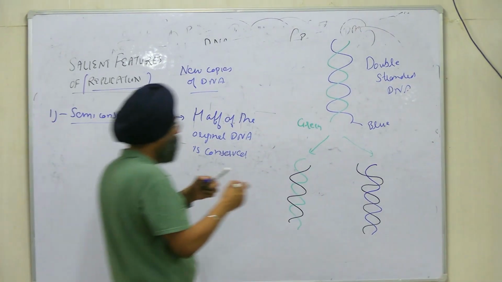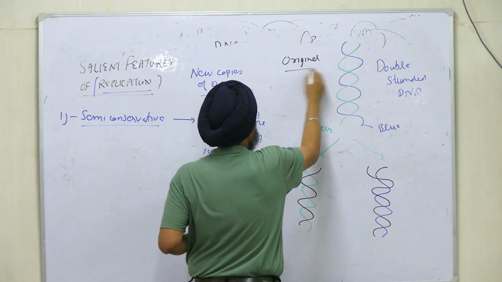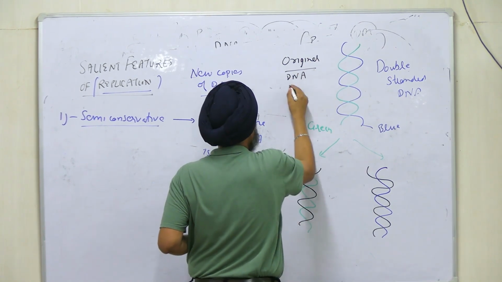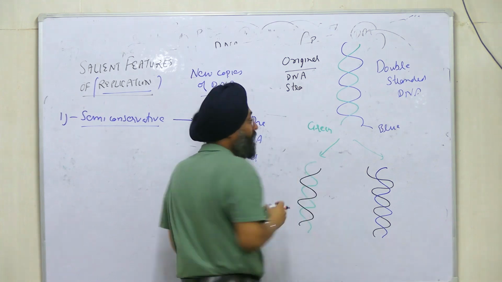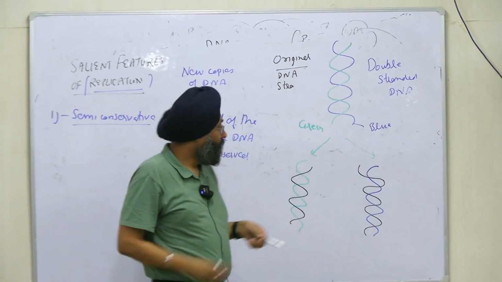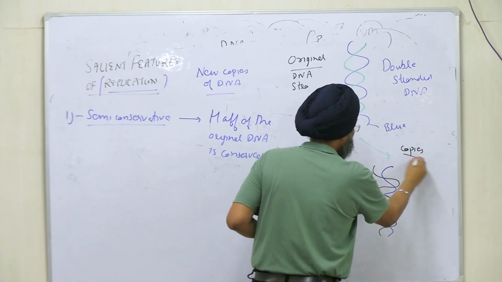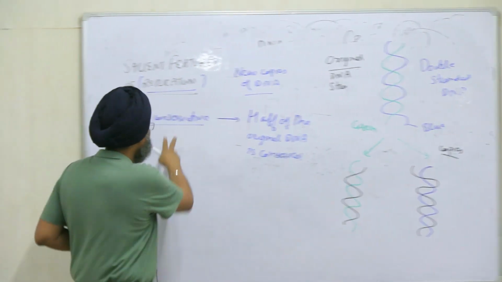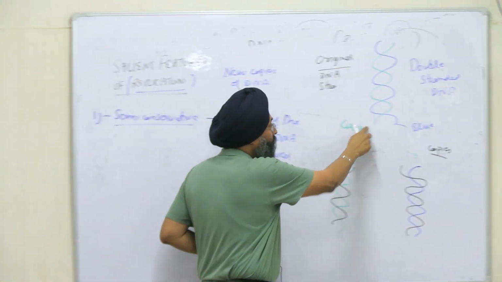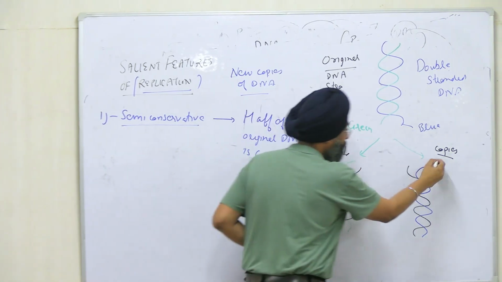Now see, this was the original DNA strand, right? One strand was blue in color, another was green in color. During formation of copies, in semi-conservative replication, one half of the original DNA is conserved. In the new copies formed, one this and one this.